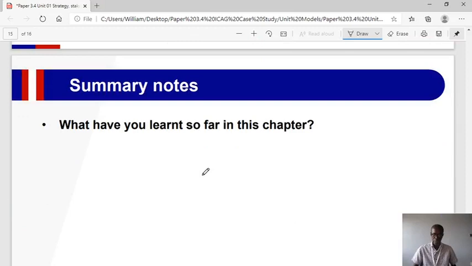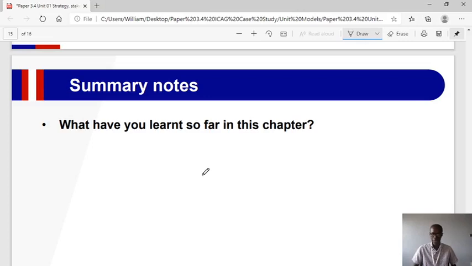Now, we have looked at our unit 1, where we have actually looked at strategy, stakeholders, and our missions. On this page, I want you to make summary notes, make a mind map.